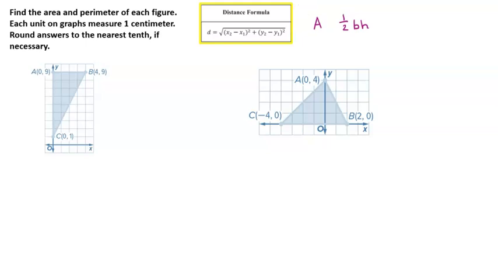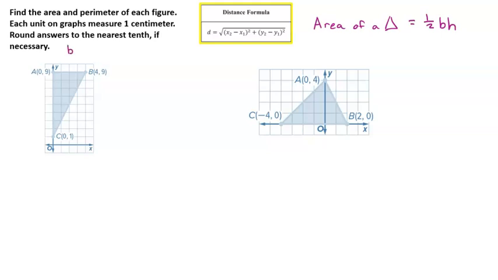So let's go ahead and just kind of rewrite this. Area of a triangle is equal to 1/2 base height. And with both of these triangles, it's easy to see the base and the height. Your base and the height are always going to be perpendicular.